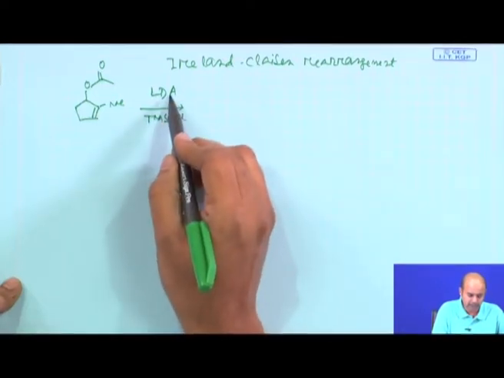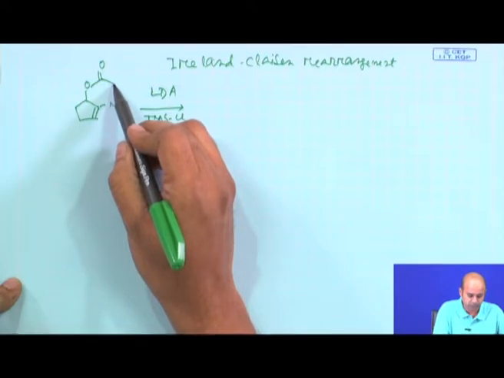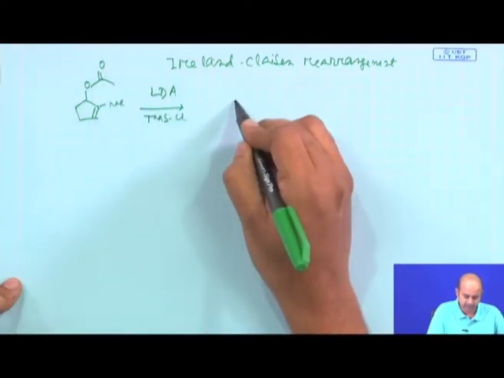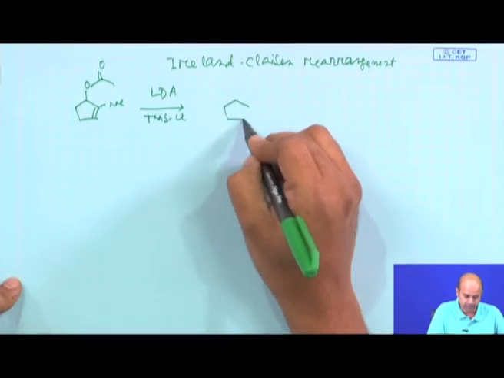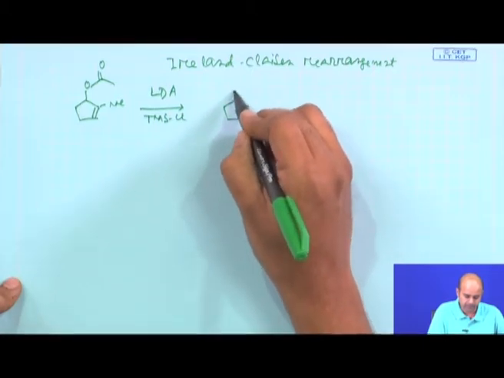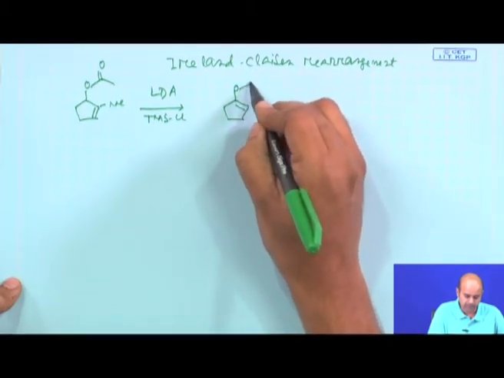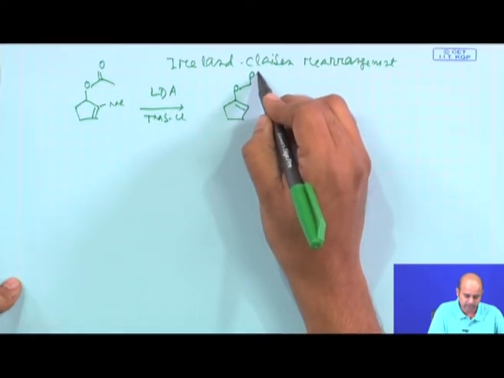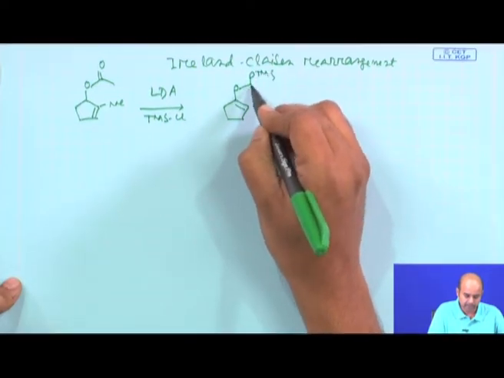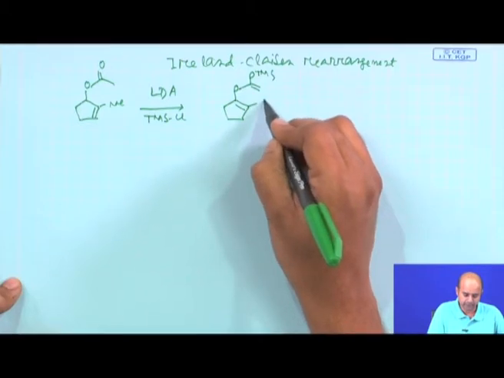Initially LDA will abstract this acidic proton to give you an enolate, and this enolate will then be trapped as its enol silyl ether, which is this.